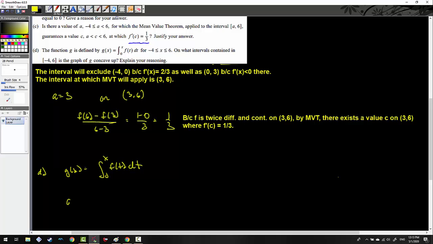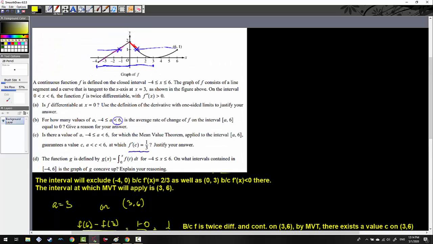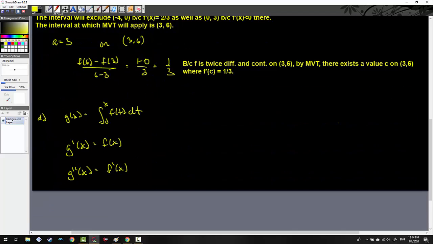Concavity deals with the second derivative, so g prime of x is equal to f of x. And then that means that g double prime of x is equal to f prime of x. So, in other words, where f prime is positive or where f is increasing. So where does that happen? Looks like from -4 to 0 and 3 to 6.